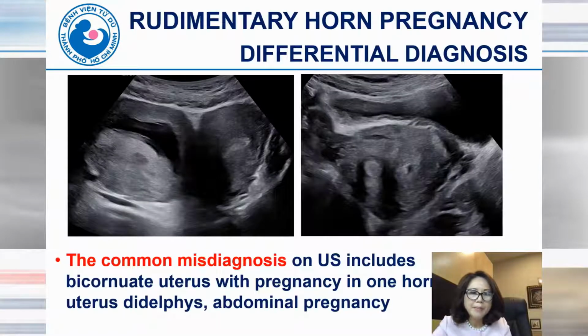The common misdiagnoses on ultrasound of a rudimentary horn pregnancy include a bicornuate uterus with pregnancy in one horn, and interstitial or abdominal pregnancy.